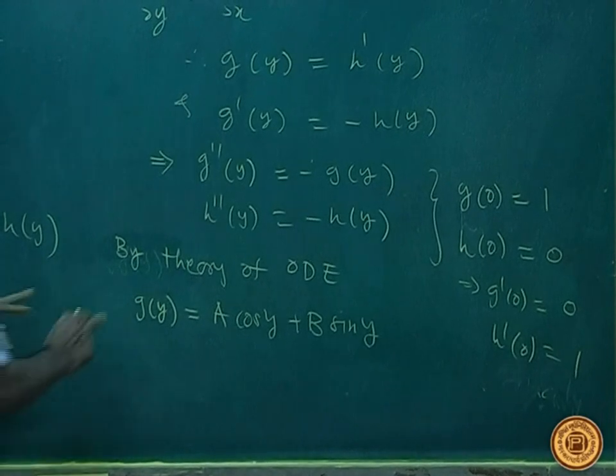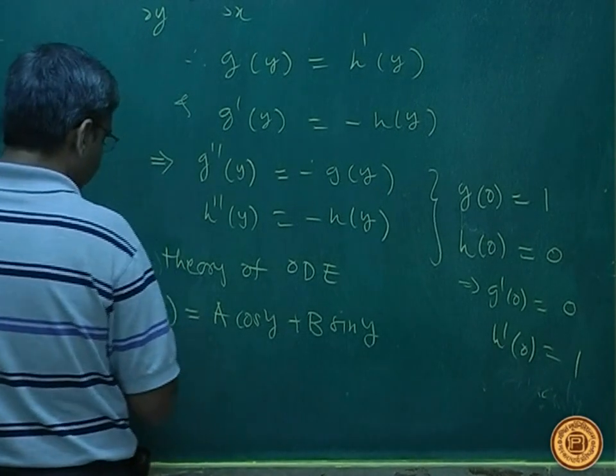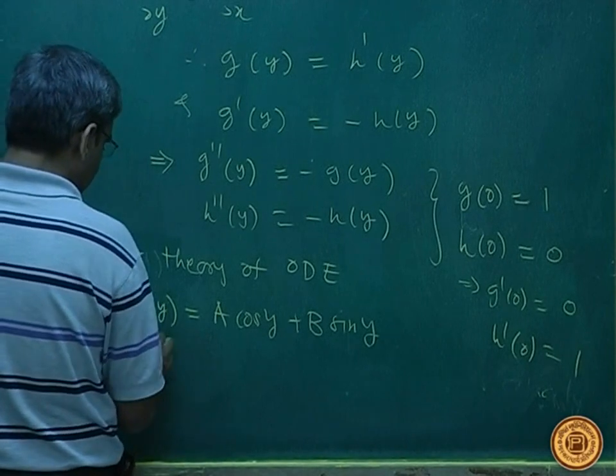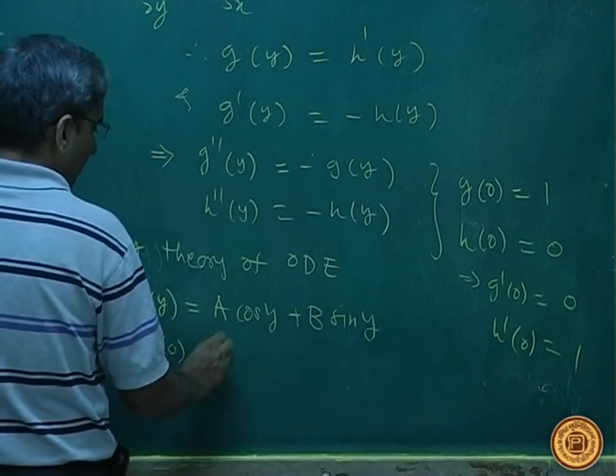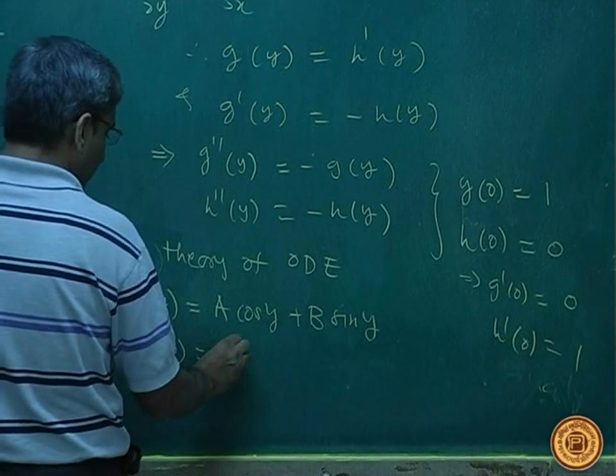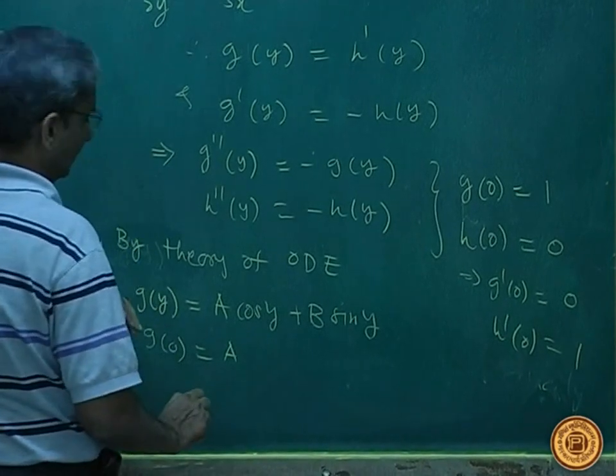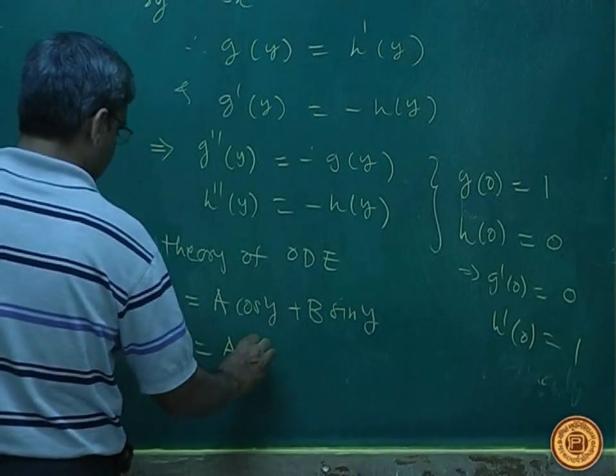Now you put g0: cos 0 is 1, sin 0 is 0. So a is 1, since g0 is 1.